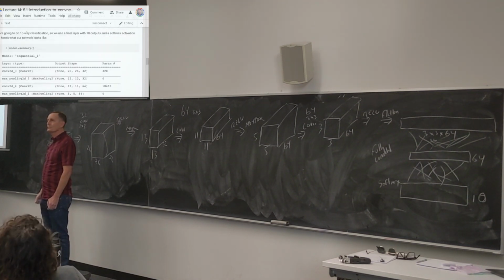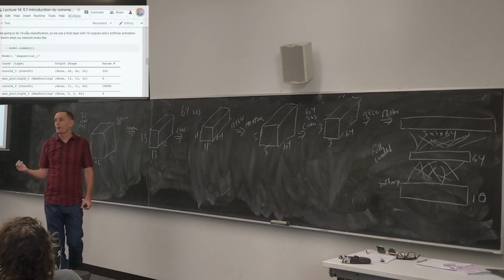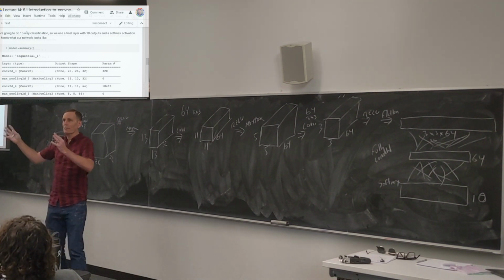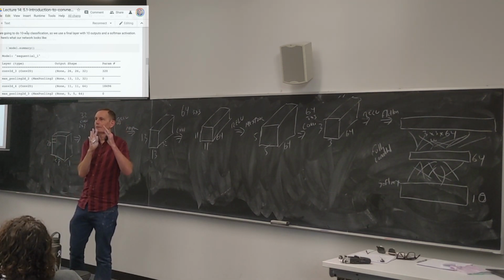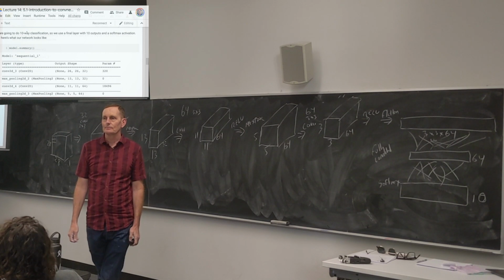Questions? So very common, this is what you're going to see on a convolutional neural network, is you'll have this convolution part of it, and at the very end we tack on what's called a head, which is the fully connected layer, or layers.